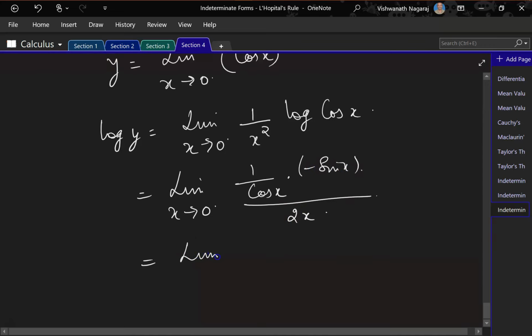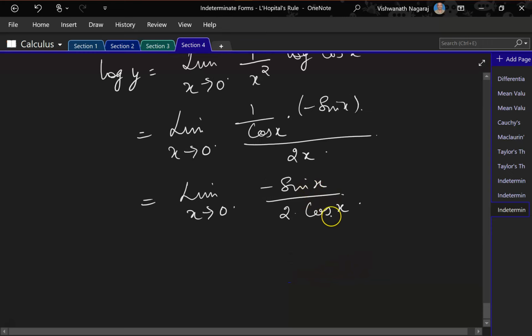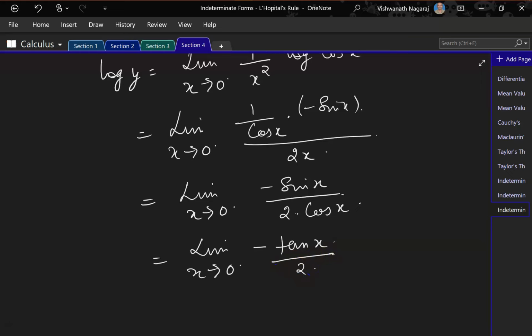Okay, so limit as x approaches 0 of minus sin x, this cos x can go down, so we can say 2 cos x, which is, remember, sin x by cos x is tan x, right? So this can be written as limit as x approaches 0 of minus tan x by 2x. Do we have an x?